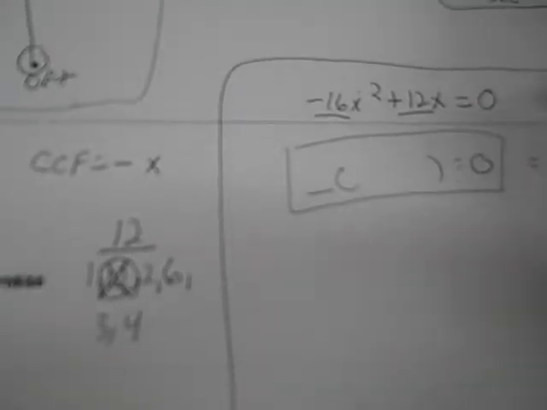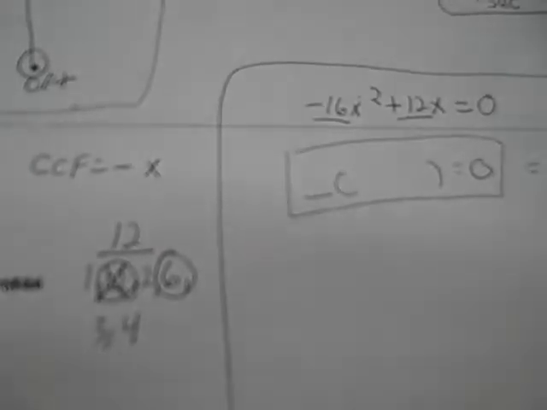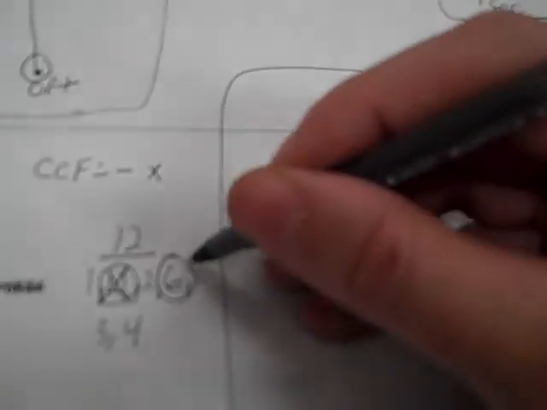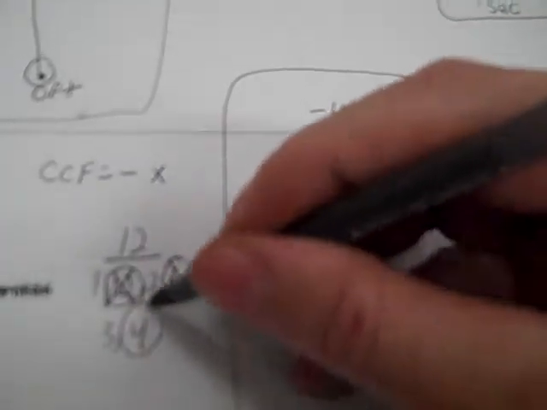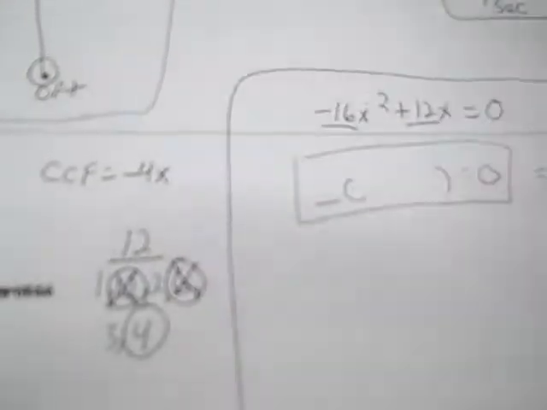Not cool, but whatever. Divide these by 6. 16 divided by 6 is a decimal, okay? The next highest would be 4. 16 divided by 4 is 4, and 12 divided by 4 is 3, so 4 is what we pick, okay? So -4x and -4x.